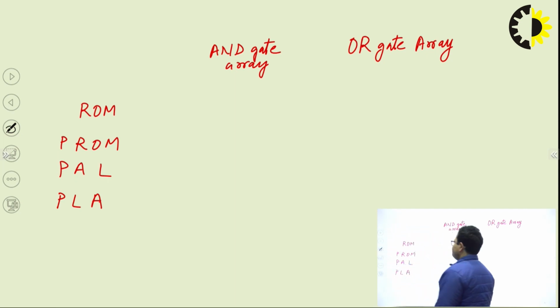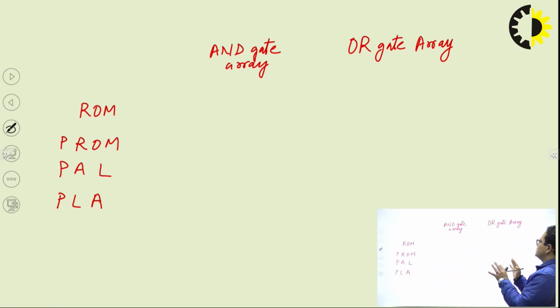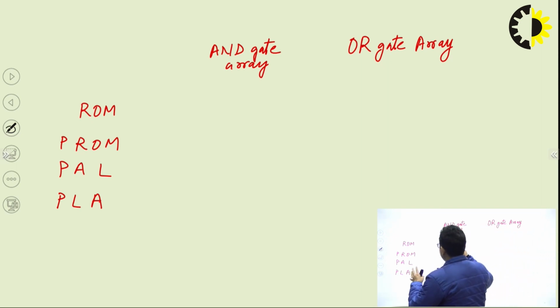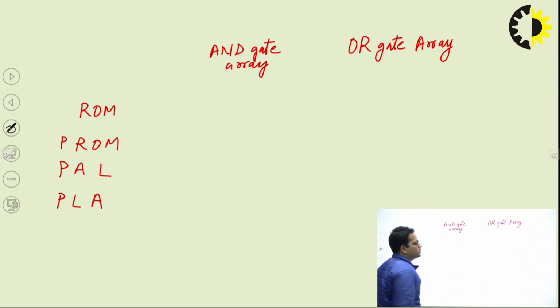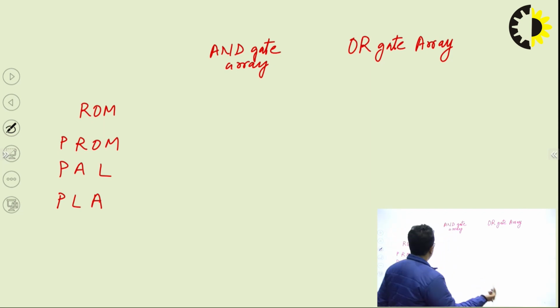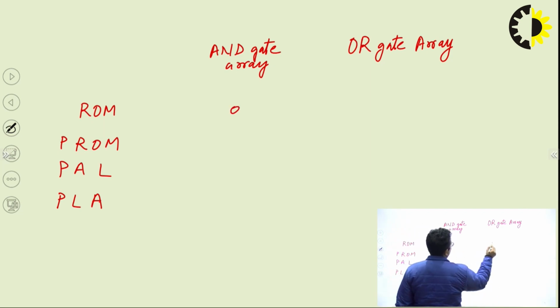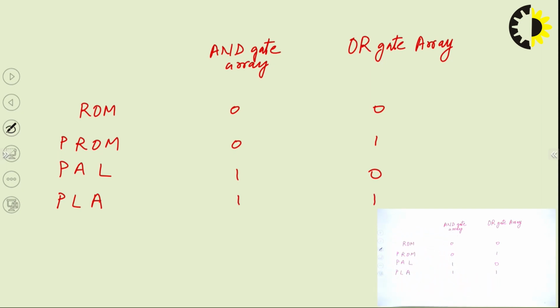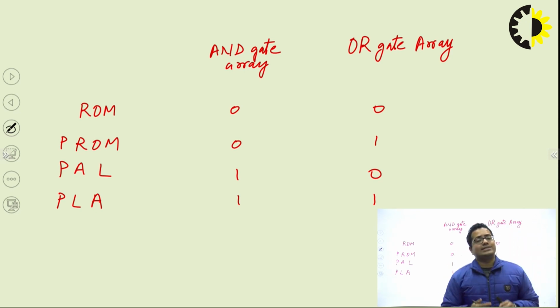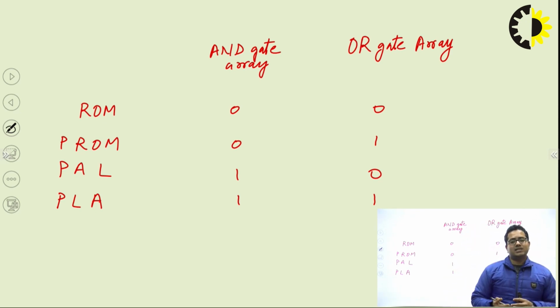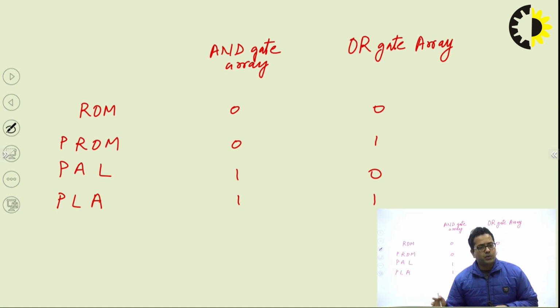Now you can have this trick about the concept: with 2 bits, the combinations are 4. Let us quickly write that combination: 0 0, 0 1, 1 0 and 1 1. The trick is, whatever is given by 0, assume it as fixed, and whatever is given by 1, assume it as programmable.